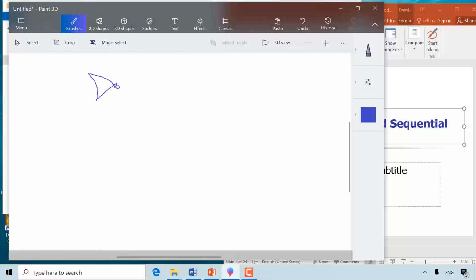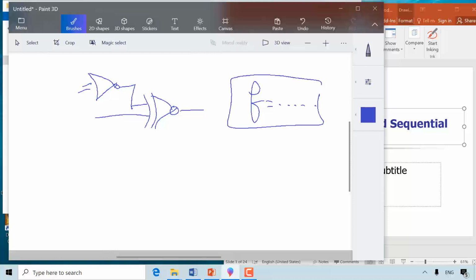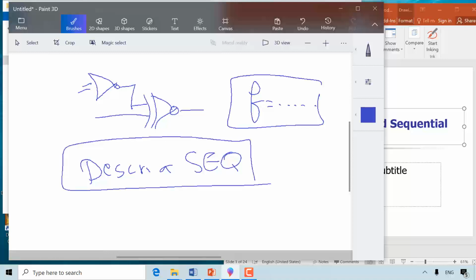We had a circuit, for instance, and then we ended up saying, all right, F equals and so on. So this is more of the description. But how do you describe a sequential circuit?